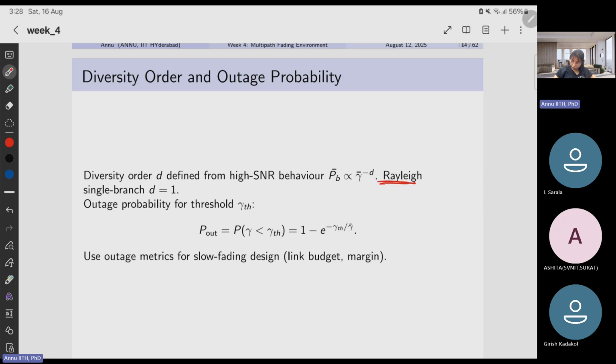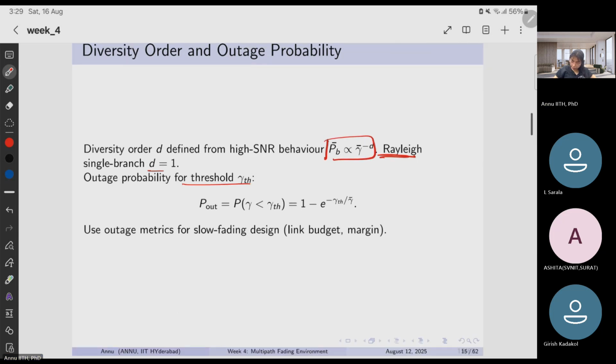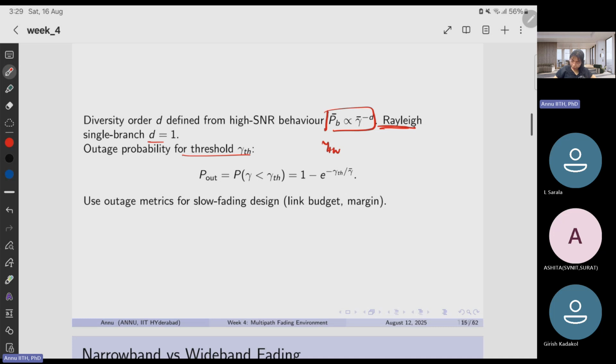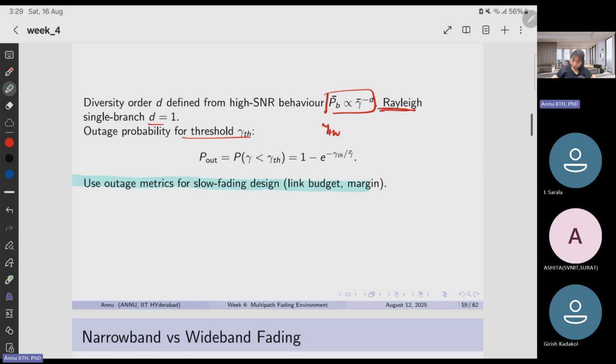Outage probability for threshold gamma TH happens when the SNR is less than the threshold SNR, and it is equal to 1 minus e power minus gamma TH divided by gamma bar. Using these metrics for slow fading, the design is a link budget and a margin.